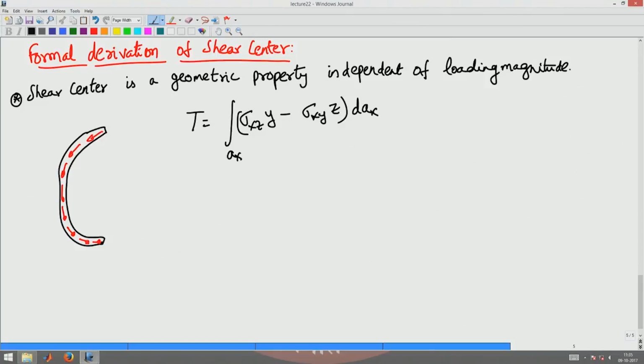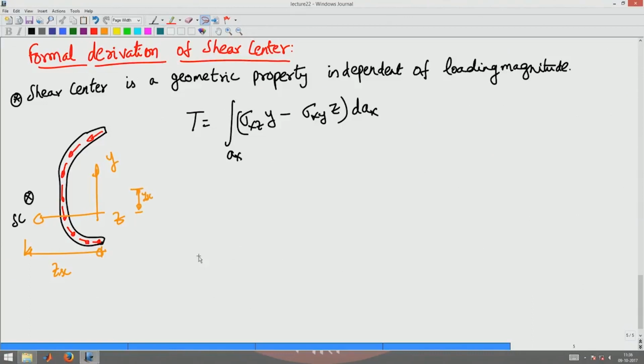Okay. This was our definition of torsional moment about a chosen origin. Now, I want to take a torsional moment about the shear center, not about some origin. The original coordinate system was y and z like this. So, now I have to move this by an amount zsc and by an amount ysc. That is the shear center with respect to the origin chosen to find these shear stresses.